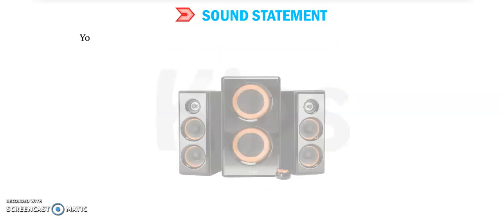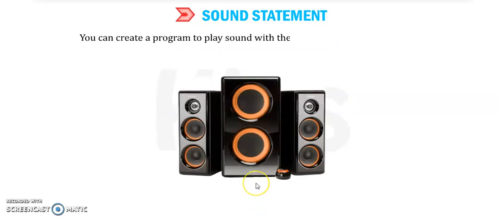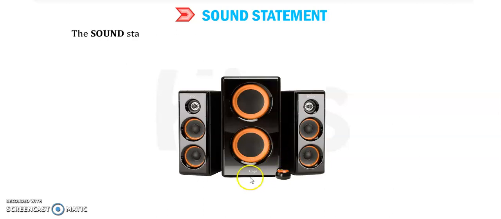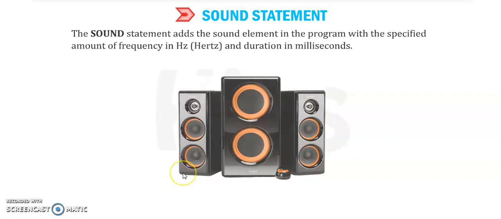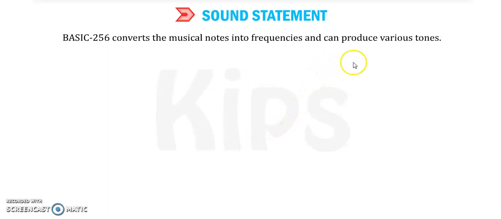Next is the sound statement. You can create a program to play sound with the help of speakers in BASIC-256. The sound statement adds a sound element to the program with a specified frequency in hertz and duration in milliseconds. BASIC-256 converts musical notes into frequencies and can produce various tones.